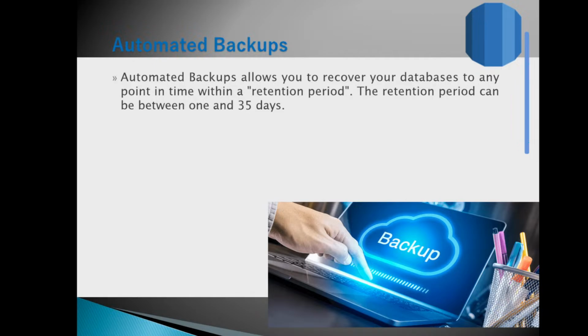So on a periodic basis, Amazon will take a backup. It can be daily, it can be weekly, it can be monthly. But generally, the most preferable is on a daily basis. And how many copies will be available? Let's say today you created a database, and at the end of the day, let's say at 12 o'clock midnight, you have scheduled that Amazon should take a backup.